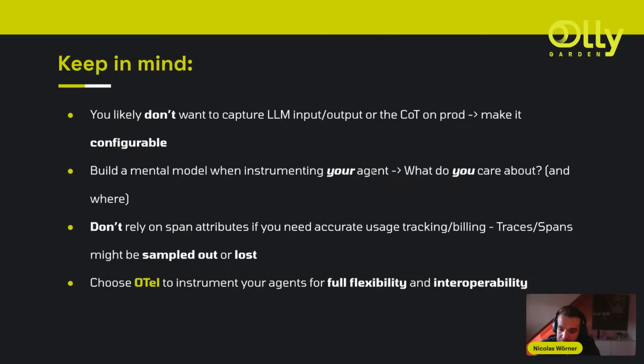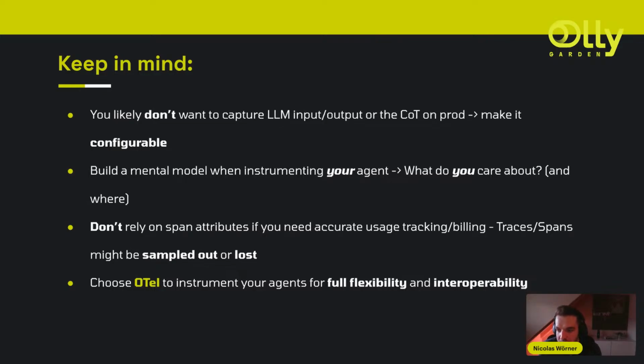One more thing, which I think is important to mention, is span attributes with a focus on usage tracking and billing. So in the beginning, we talked about, okay, we might want to use our OpenTelemetry instrumentation to track the tokens or the context window. And that's right, it will be helpful to do that. But what I would recommend is don't solely rely on that if you need accurate cost tracking for billing purposes.